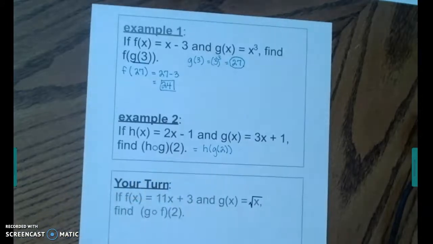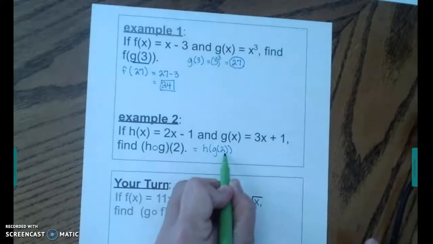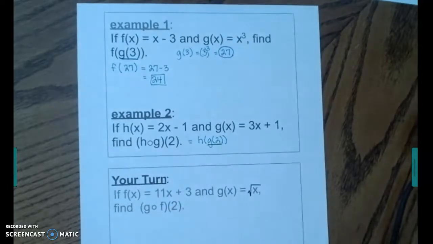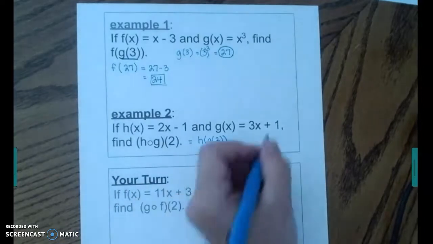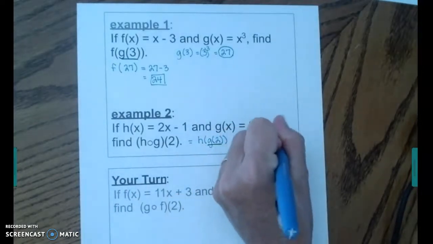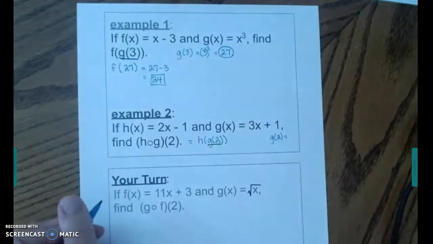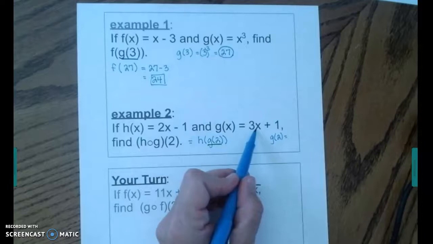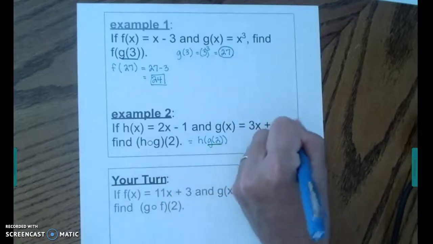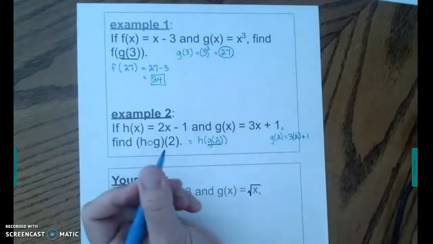So again, always working on the inside of parentheses first, we're going to find g of 2. So I'm going to go to my g of x function and substitute 2 right there. So 3 times 2 plus 1.